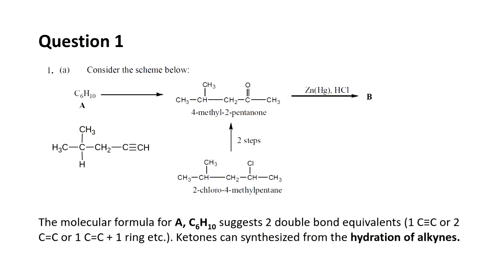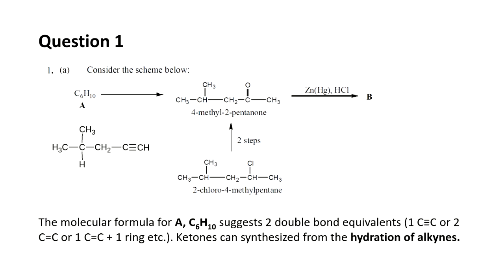So for B, we're trying to make structure B, and we're using zinc and mercury, which is called zinc amalgam, under acidic conditions. What kind of reaction is this? It's a named reaction. What's happening to the ketone when we react it with zinc amalgam and HCl?